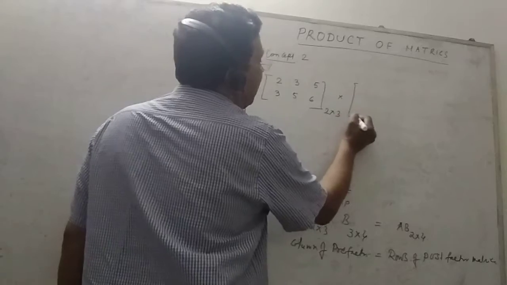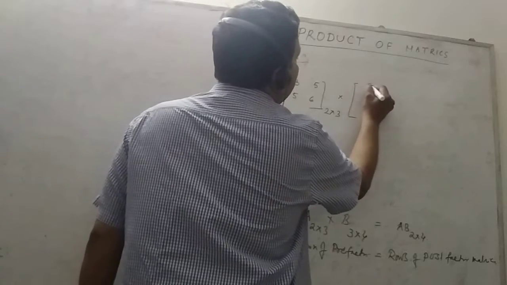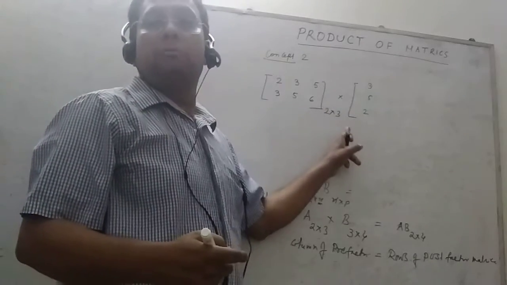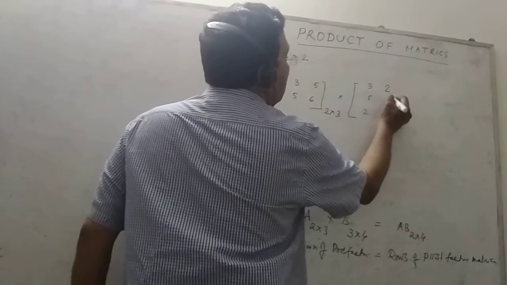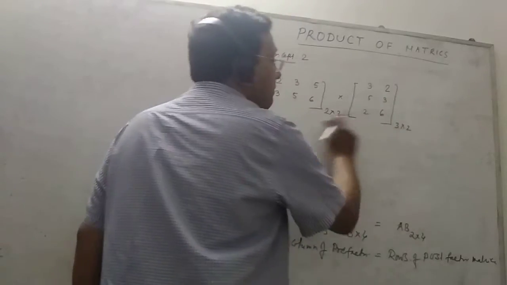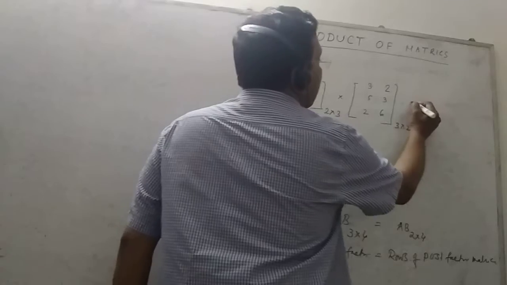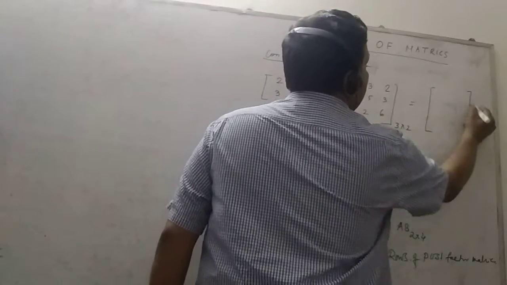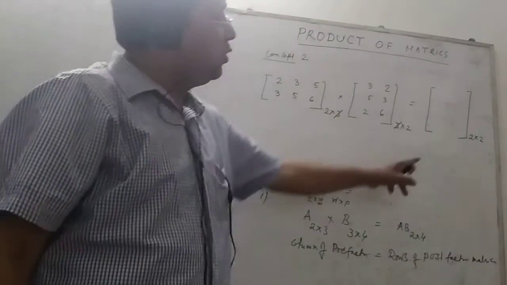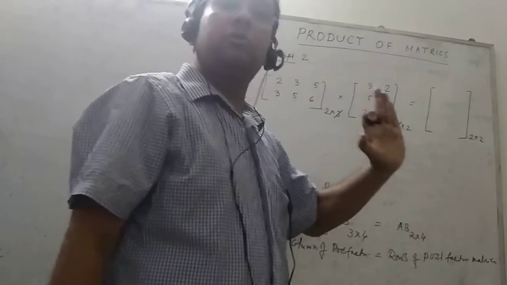If I want to multiply this with, suppose, 3, 5, 2, because here the number of rows must be 3, 2, 3, 6. This is a matrix that is 3 by 2. Can I multiply this? Definitely I can multiply. And after the product, the result will be, if I cancel this 3 and 3, a 2 by 2 matrix. This is the first rule.